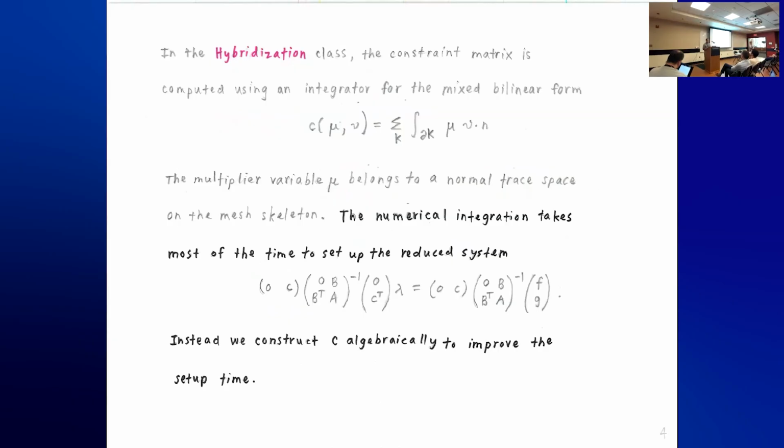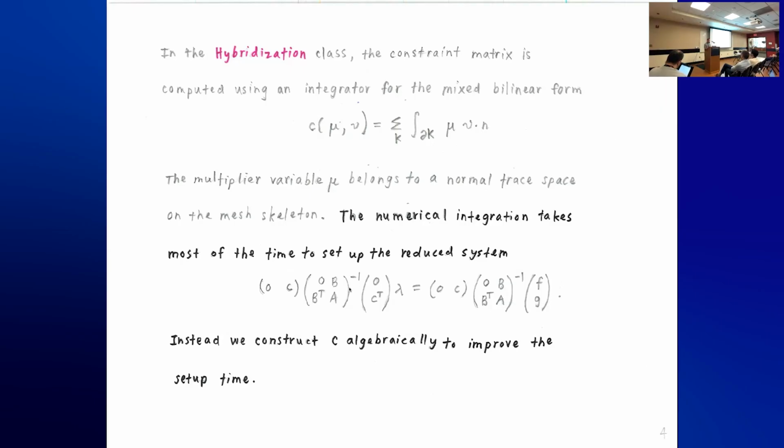Okay, but where does the constraint matrix C come from? In the hybridization class in MFEM, the constraint matrix is computed using an integrator for the mixed bilinear form given here. The multiplier variable mu belongs to a normal trace space on the mesh skeleton. In my code, solving the Darcy problem, the numerical integration takes most of the time to set up the reduced system.